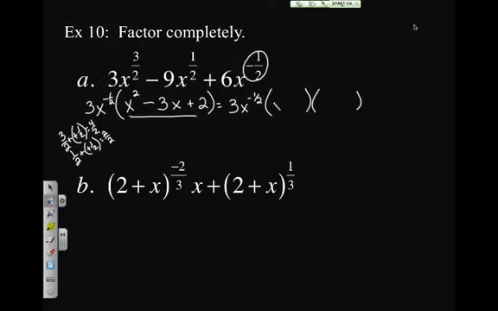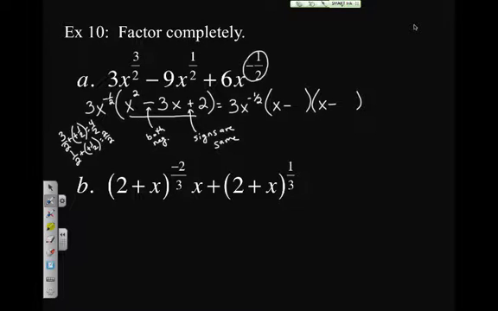We'll put an x in the front of each of those parentheses. And this tells us the signs are the same. Then this tells us they're both negative. So minus and minus. And we need factors of 2.